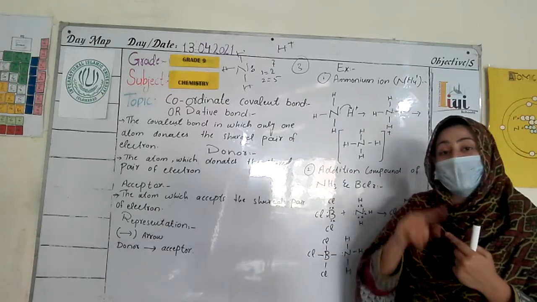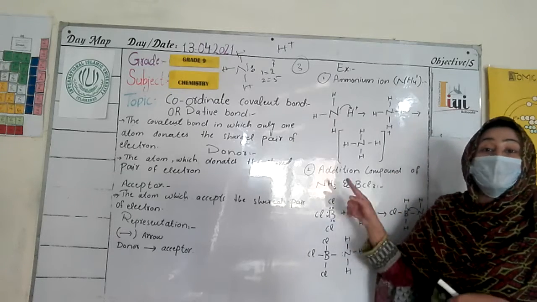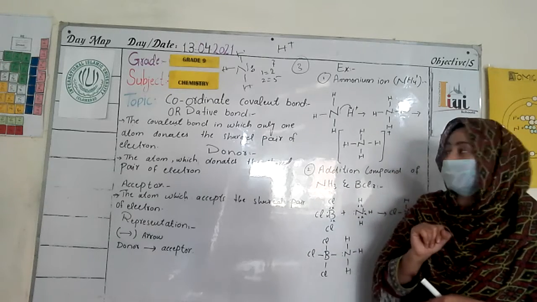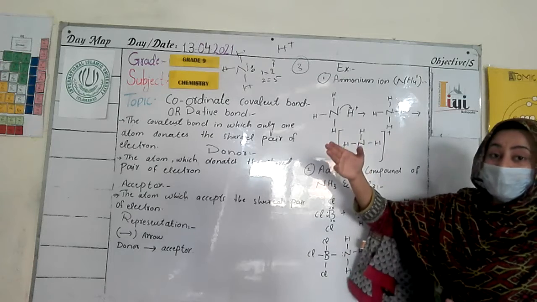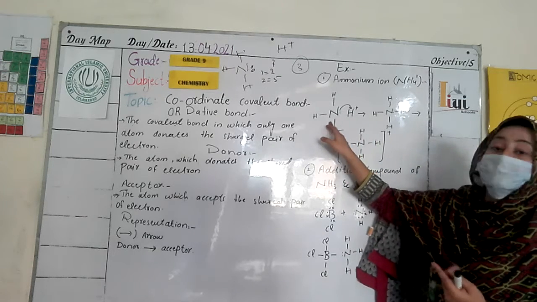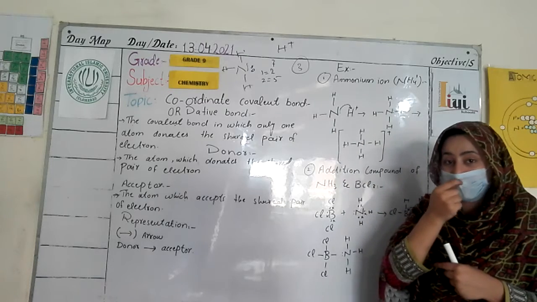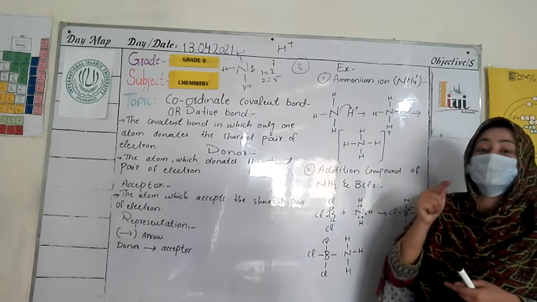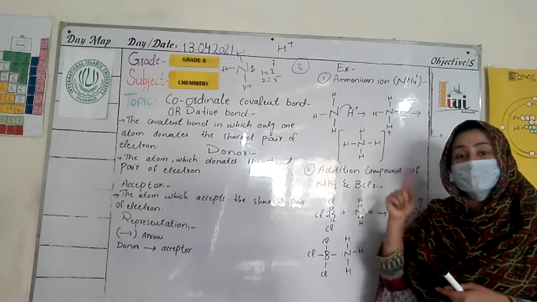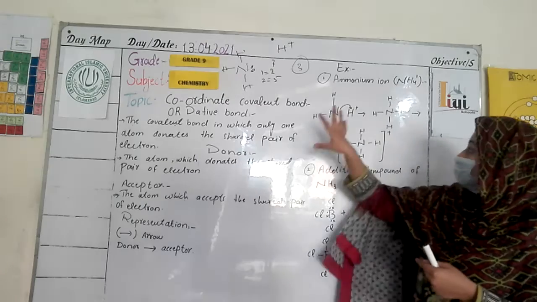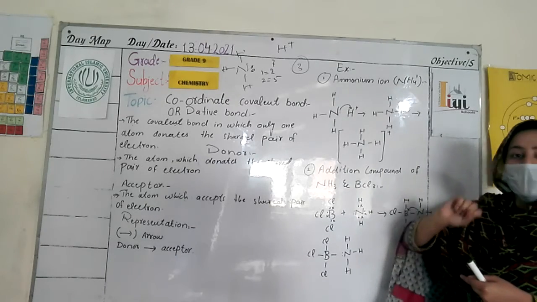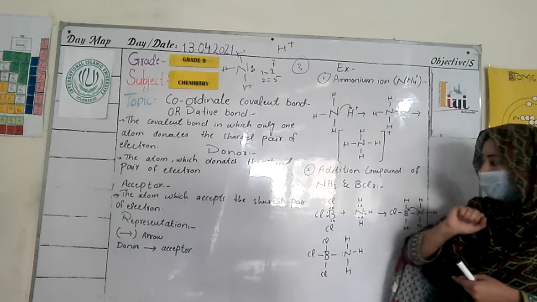Only one atom can share its electrons, but the other atom cannot. Nitrogen can share its electrons and hydrogen cannot, so nitrogen is the donor and hydrogen is the acceptor. So that's about the ammonium ion and how it makes a coordinate covalent bond.